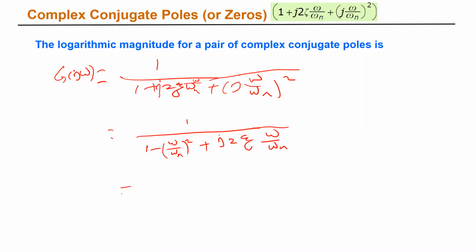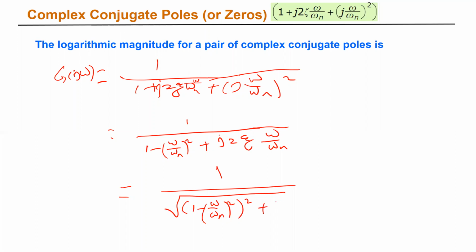So the magnitude is going to be 1 over the square root of 1 minus omega over omega n squared, all squared, plus 2 zeta omega over omega n squared. Do you agree? This is the magnitude.